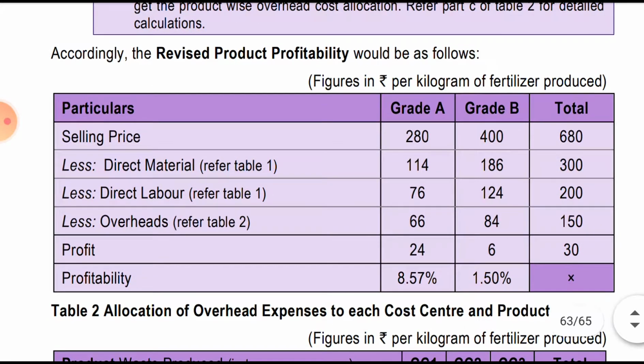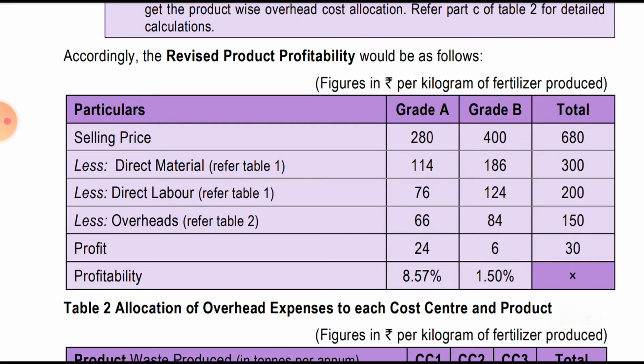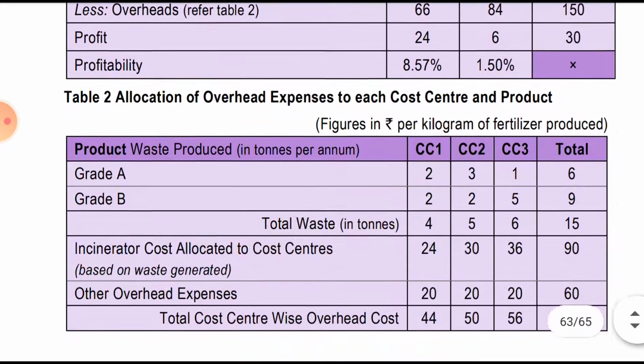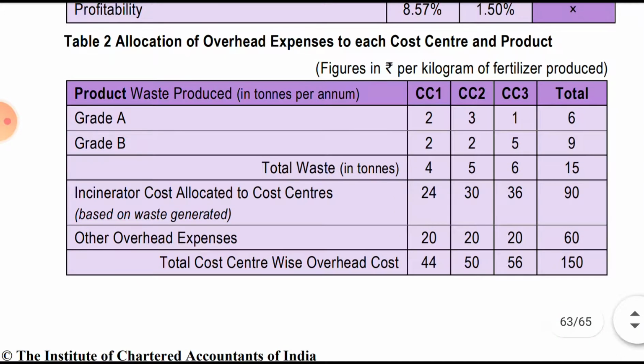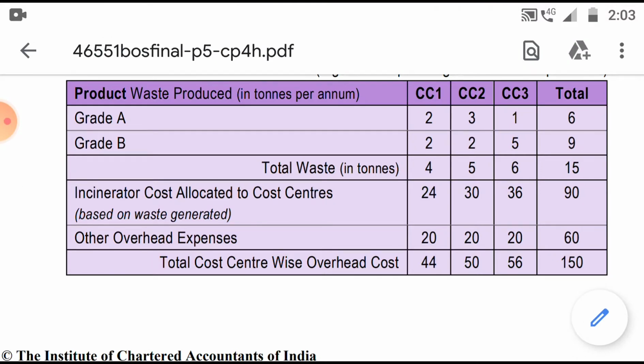Accordingly, the revised product profitability. So the revised one, in which they have bifurcated 150 into 90 and 60. So how to calculate? Selling price will be the same, material and labor calculation will be the same based on the calculation above. Overhead will be 66 and 84. So see how this 66 came. Refer to table 2. As I said, what you do is multiply 90 into 6 by 15.